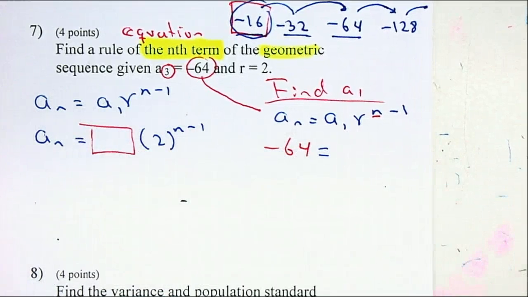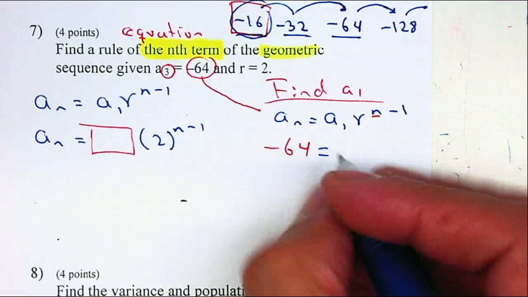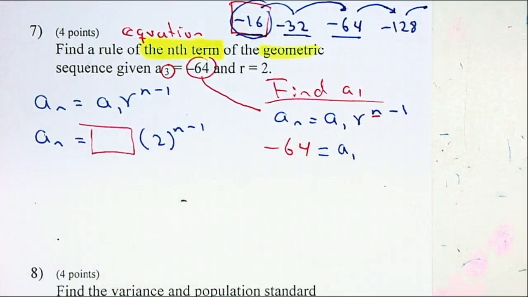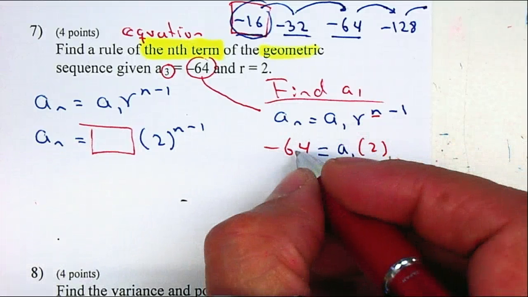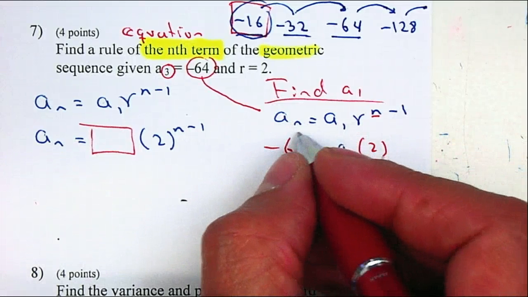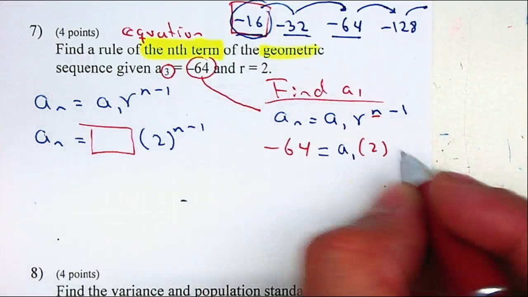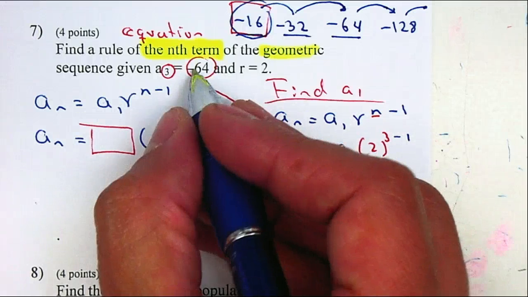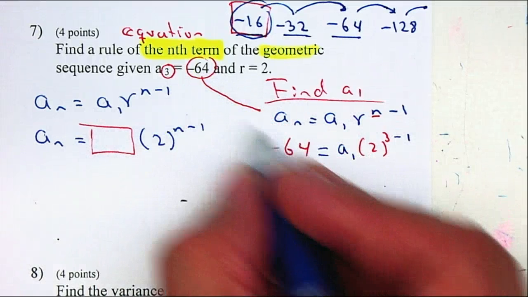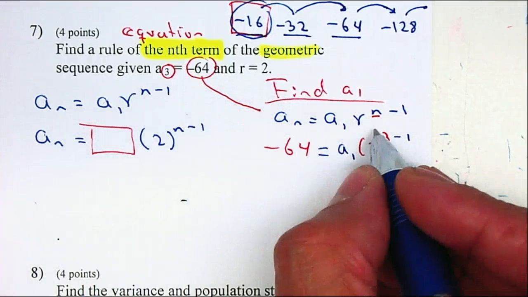A1 is what I'm looking for. I know that the ratio is 2. And since I used the negative 64 for the a sub n, the n value will be the 3 minus 1. Remember, the negative 64 is the big number. The n is the small number here.